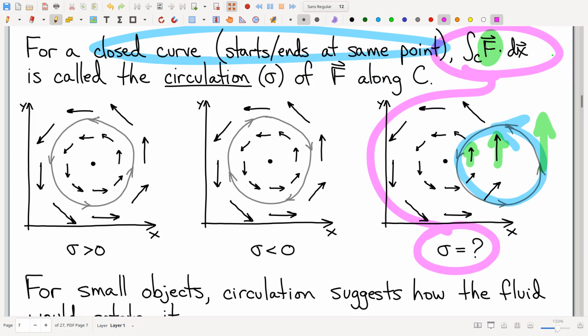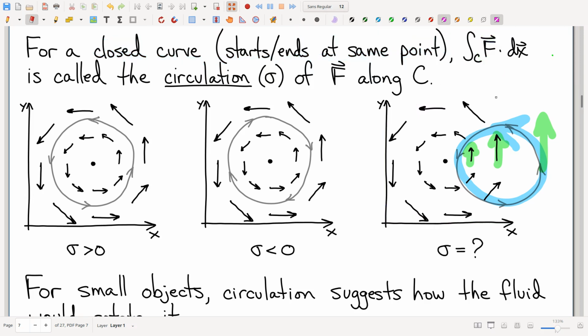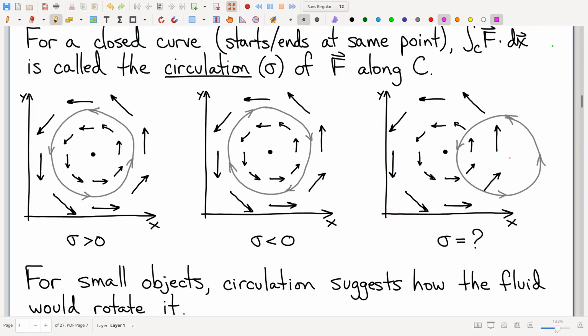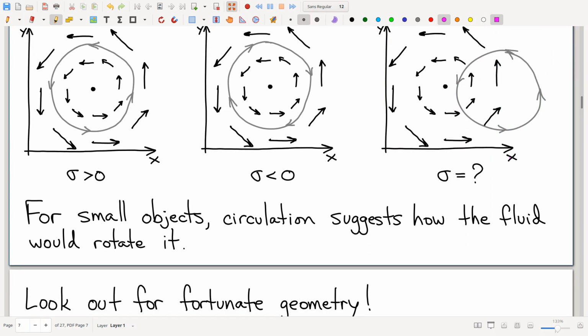Okay. So last thing I want to say about circulation, just another interpretation. Imagine that you're taking a leisurely hike in the woods and you come across a little stream, right? And at the time of year when leaves are falling, maybe some leaves have fallen into the stream. And what do leaves do when they fall into the stream?